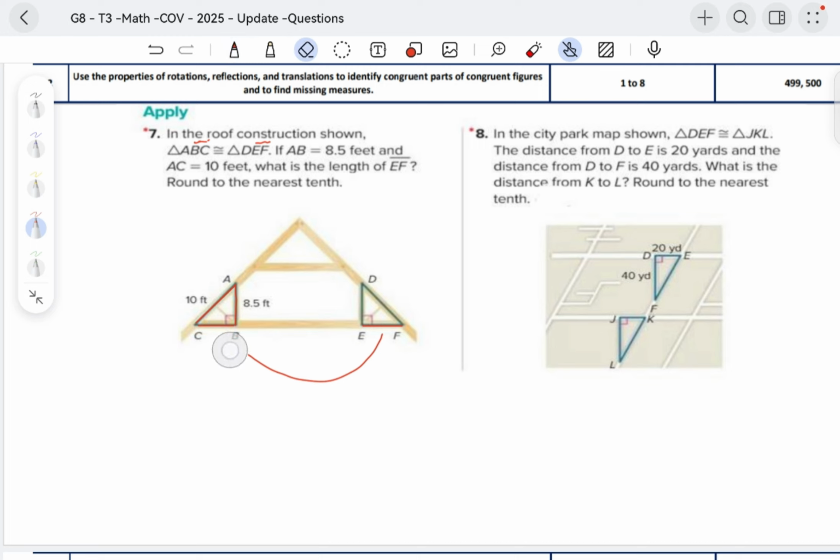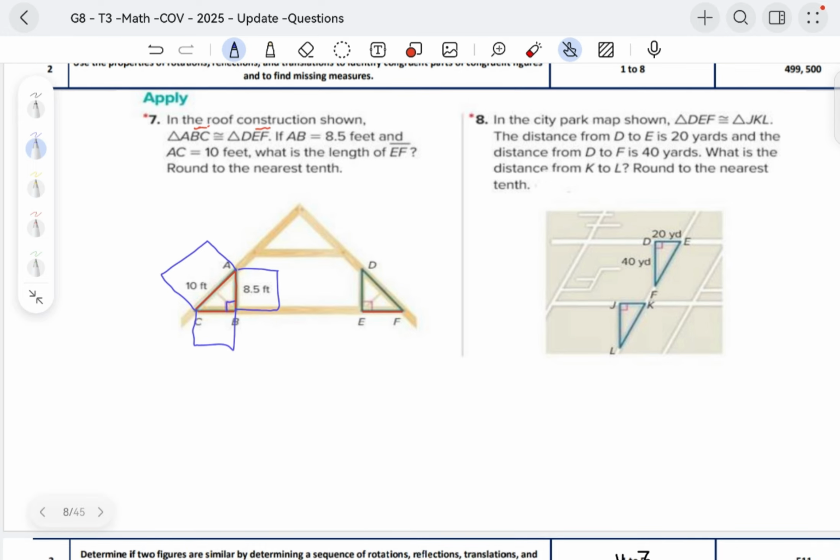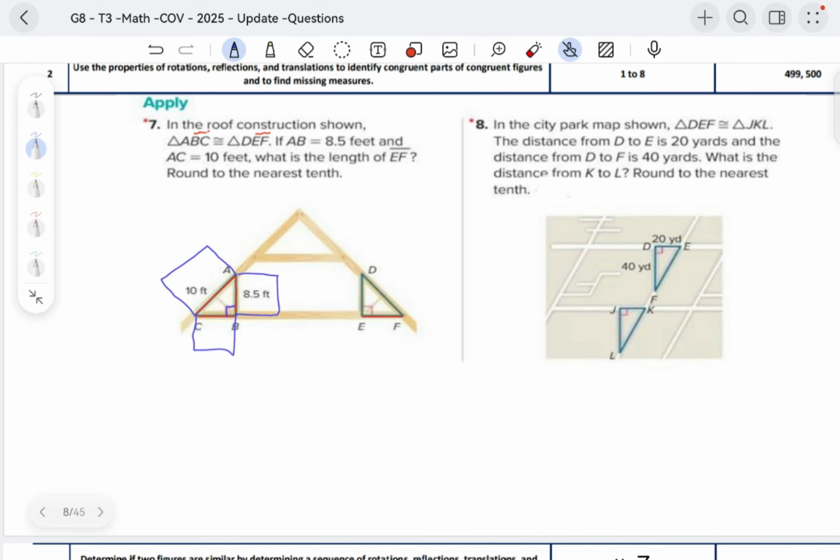So we're going to find CB and it will be equal to EF. To find CB, as you can see, we have a right triangle. We're going to use the Pythagorean theorem. The sum of the two smaller squares is equal to the larger square, the hypotenuse squared.